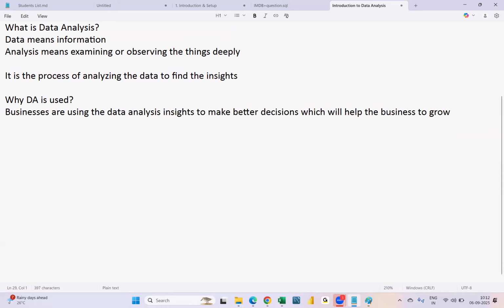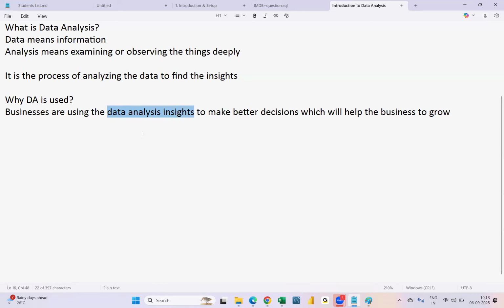Any company can use data analysis to help improve their business. When I say business growth, it can be getting more sales, more profits, or more customers. Whatever success they want in that business, the flow they want to follow can be helped by using data analysis insights.